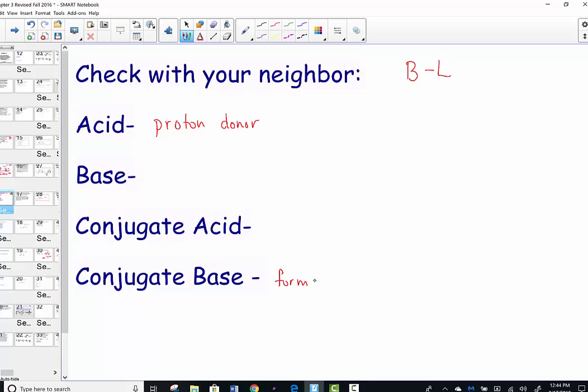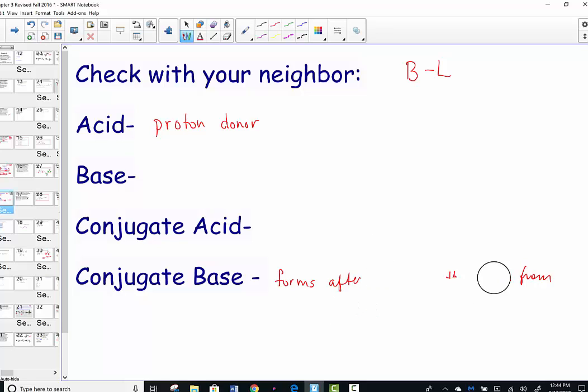An acid is a proton donor. It didn't receive, I said that backwards.